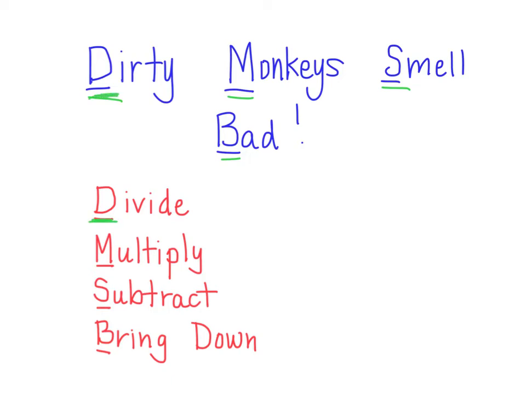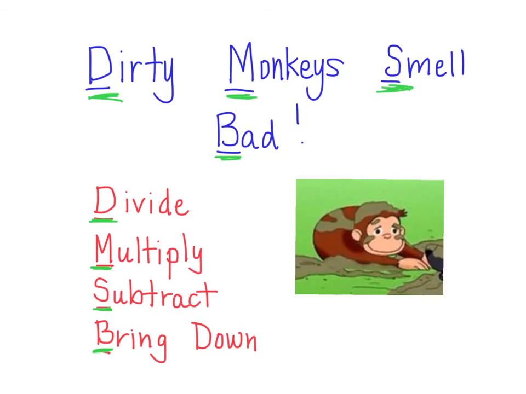The first thing we have to do is divide. Then we multiply. That's the M for monkeys. Then we subtract. That's the S for smell. And then finally bring down, and that's the B in bad. So let Curious George help you with division.